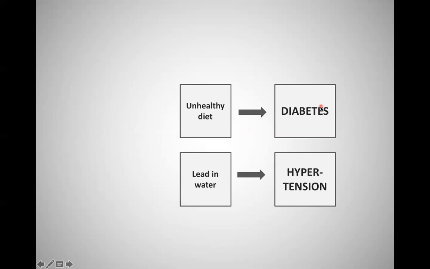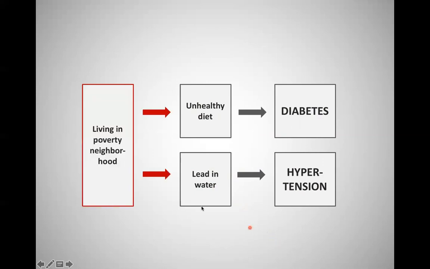Okay, so what we have here are two chronic disease health outcomes, diabetes and hypertension. And we have two pathways, unhealthy diet leading to diabetes, also unhealthy diet leading to hypertension, but also there are other factors, exposure to lead in water. Living in a poor neighborhood is the fundamental social cause that affects people's ability to access healthy diets.